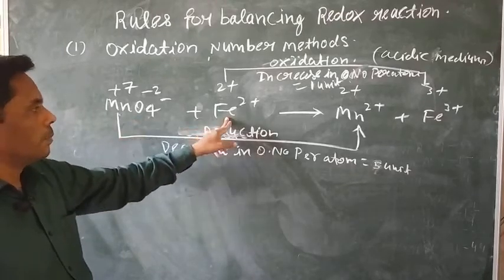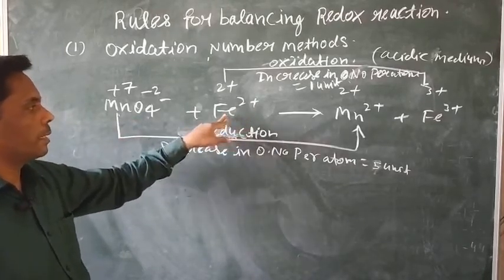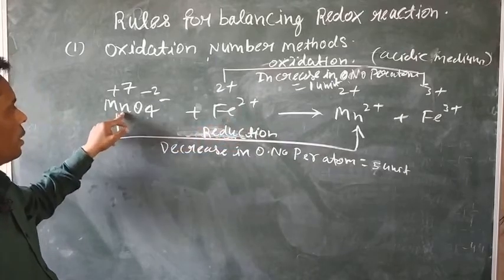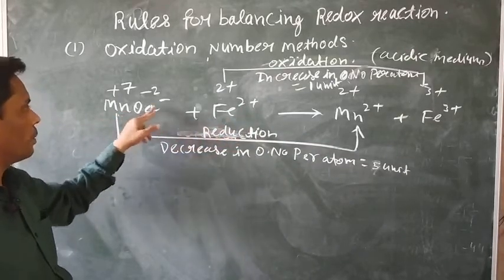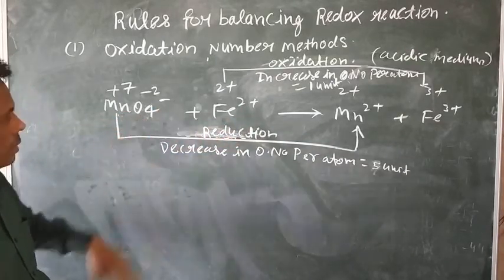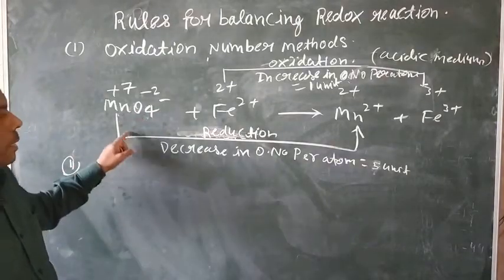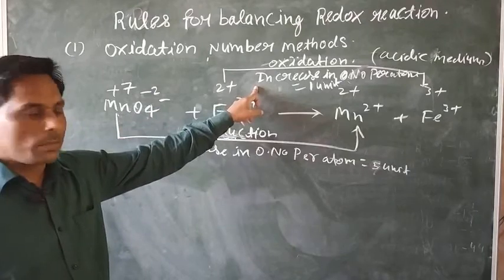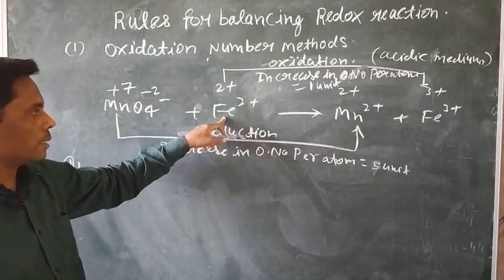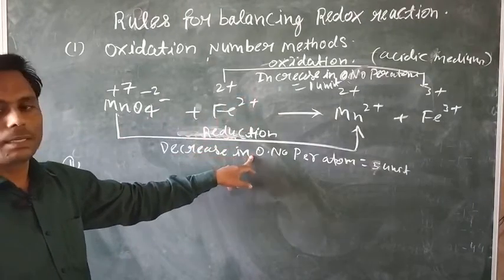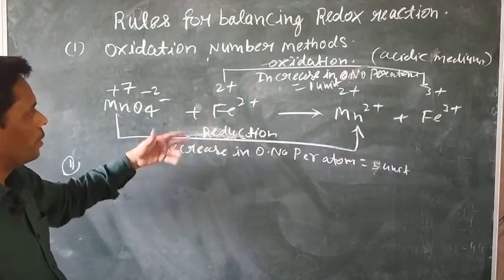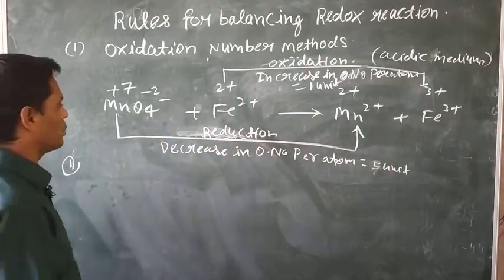In this case, ferrous ion going to ferric is the reducing agent, and MnO4- is the oxidizing agent. To balance the oxidation number, the oxidizing agent is multiplied by the increase in oxidation number and the reducing agent is multiplied by the decrease in oxidation number. By doing this, we can balance the oxidation number.